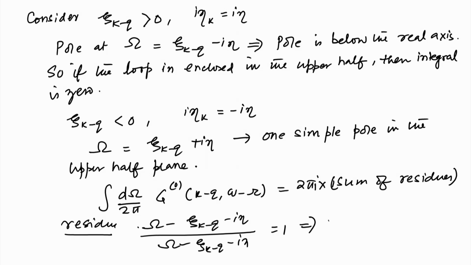So, that gives the above integral to be equal to 2 pi i. Now, you multiply it with i over 2 pi.